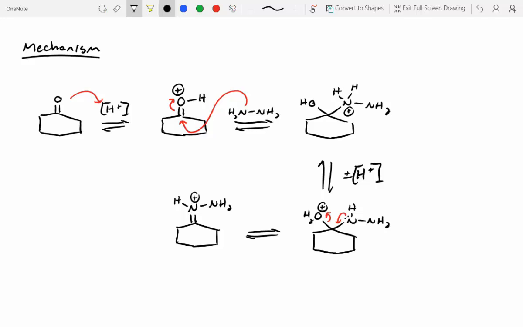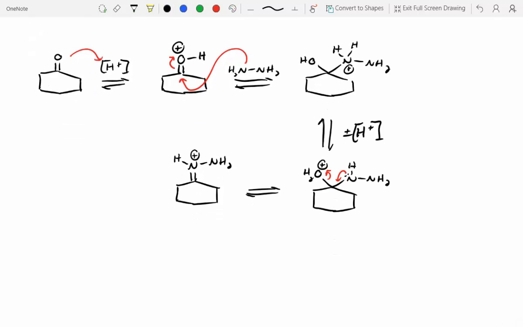And we're at our protonated imine right now. So let's do our last proton transfer, and then we'll get into the next step of our Wolff-Kishner reaction. So in this step, we'll show our final hydrazone.